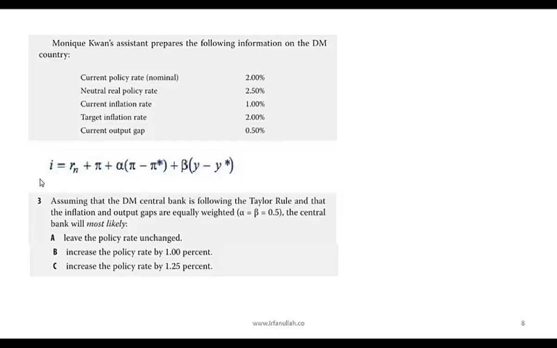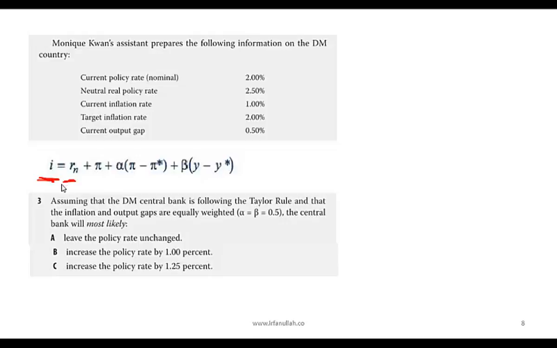So this is what the Taylor rule says, that we can predict the policy rate based on what's called a neutral policy rate. Rn is a neutral real policy rate. This is the rate which will cause the economy neither to expand nor contract.